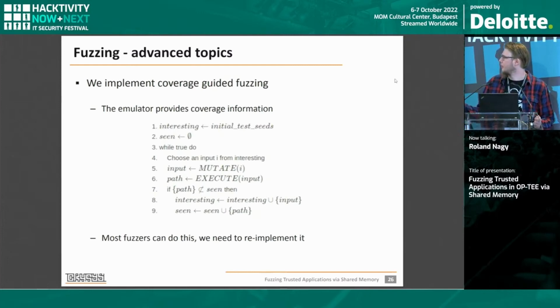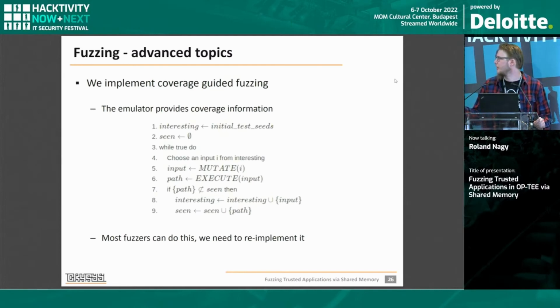And here you can see the basic algorithm to implement coverage-guided fuzzing. First, we have a set of interesting inputs, which initially only contains the test cases we added to the fuzzer. We also have a set to store the already discovered code blocks. And then in the loop, we choose one from this set of interesting inputs.